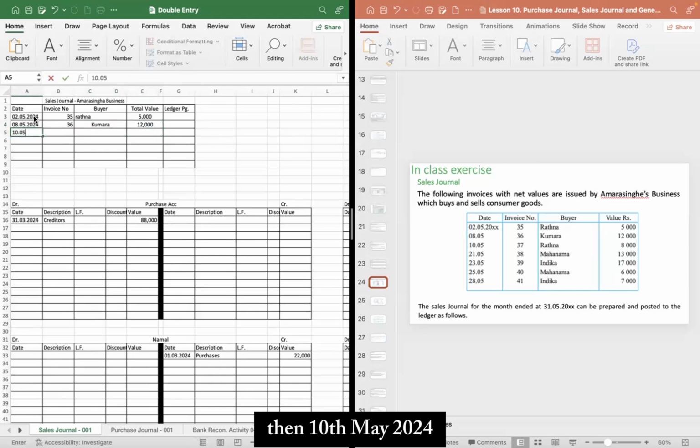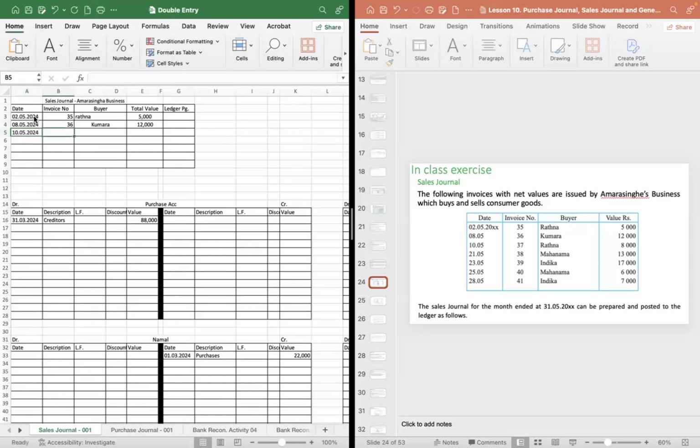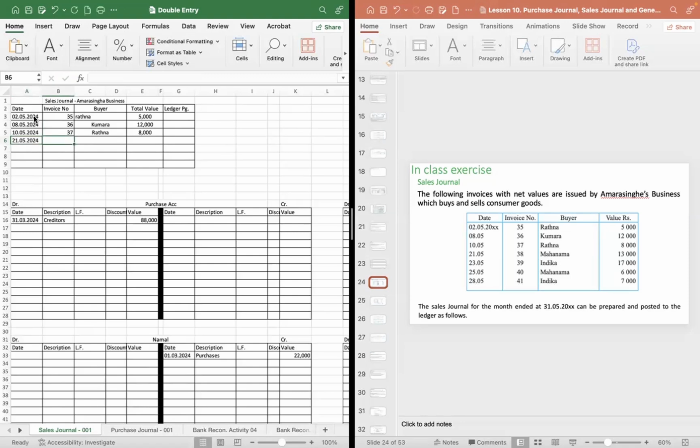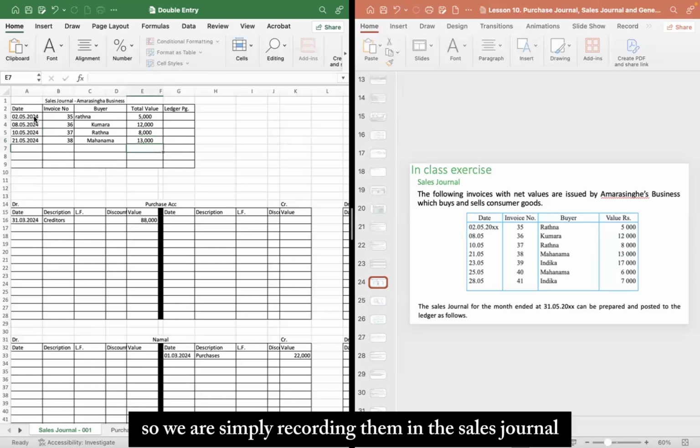Then 10th May 2024, invoice 37, Ratna, 8,000. Then 21st May 2024, invoice 38, Mahanama, and 13,000. So we are simply recording them in the sales journal.